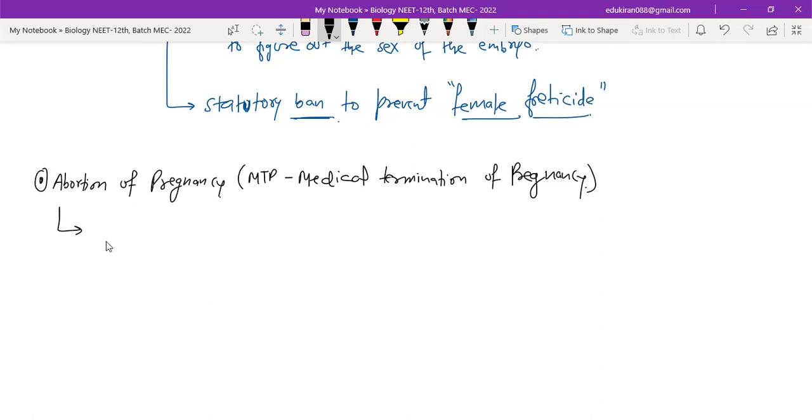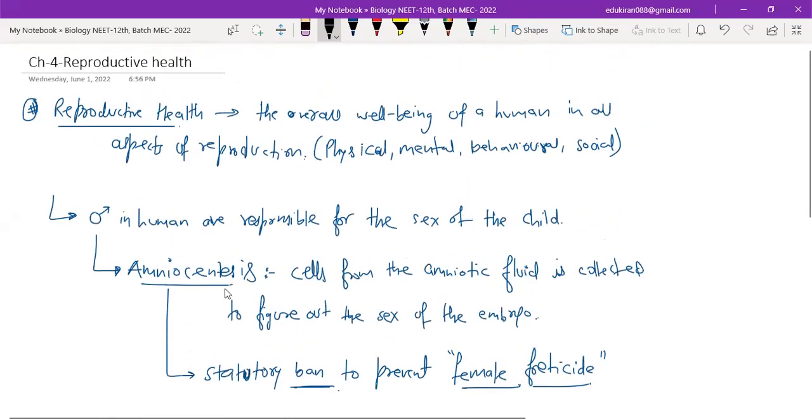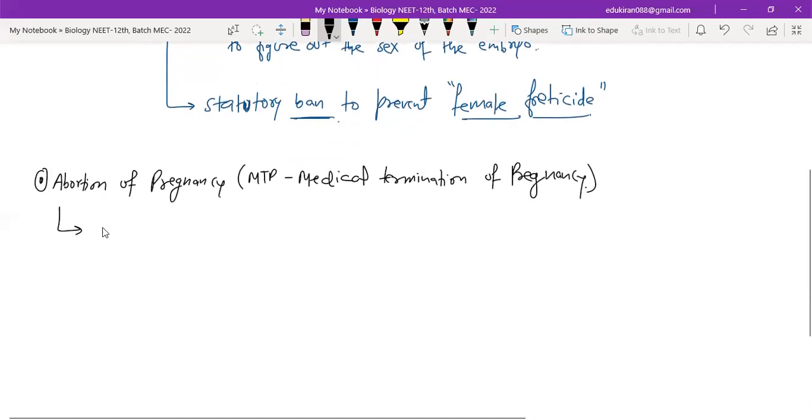Even in countries where it is legalized, like MTP is legalized in countries like India, determining the sex is not legalized, right? And MTP is legalized only under many conditions.